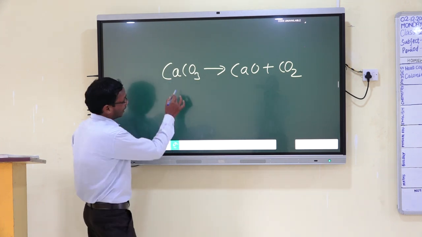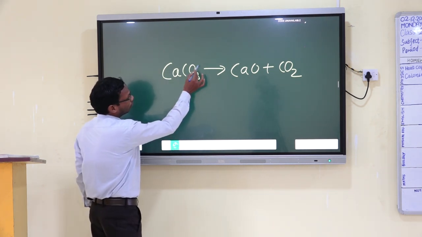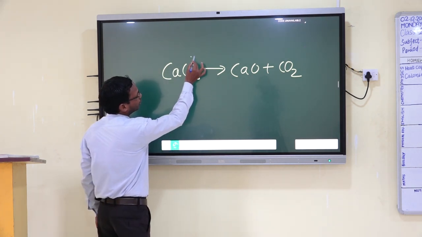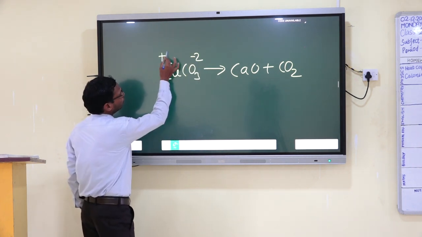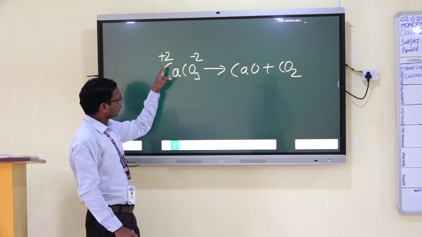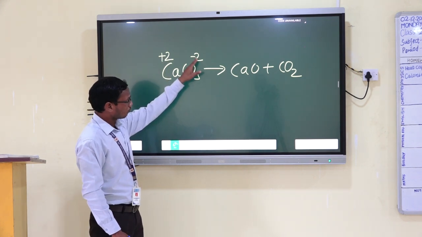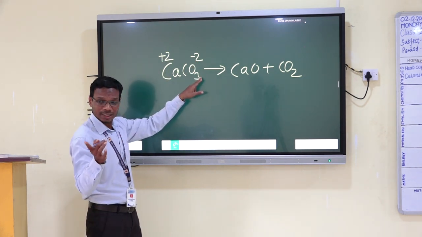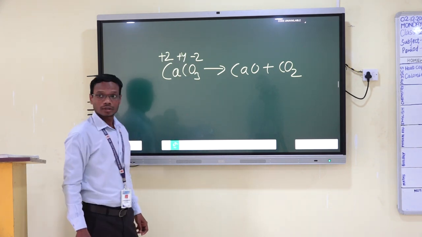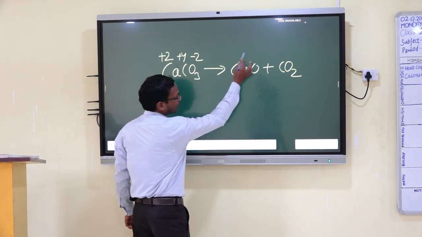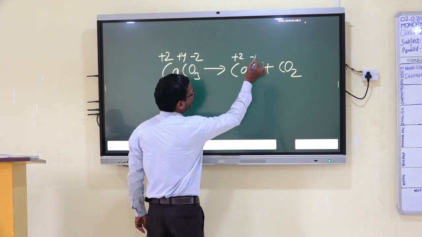Look, in this compound, the oxidation number of oxygen is -2, calcium is +2, so +2, -2 into 3 is -6, and carbon is +4. Look carefully. In CaO, Ca is +2, O is -2.